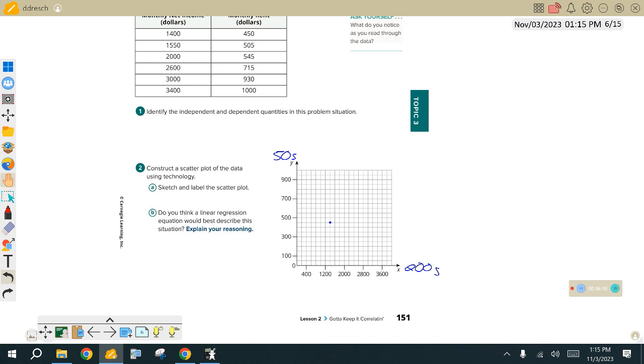1550. You're going to have to eyeball it. It's going to be close to the other one. 505. Again, it's not going to be perfect. 2000. Right there. 545. 2600. 715. 3,930.